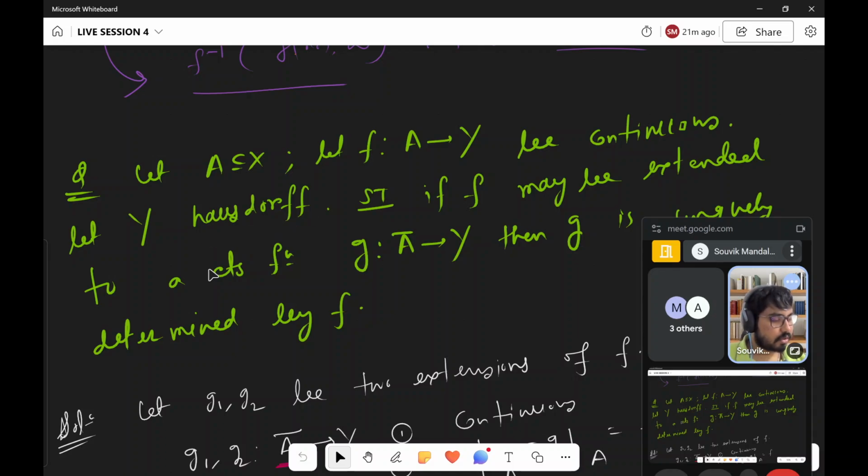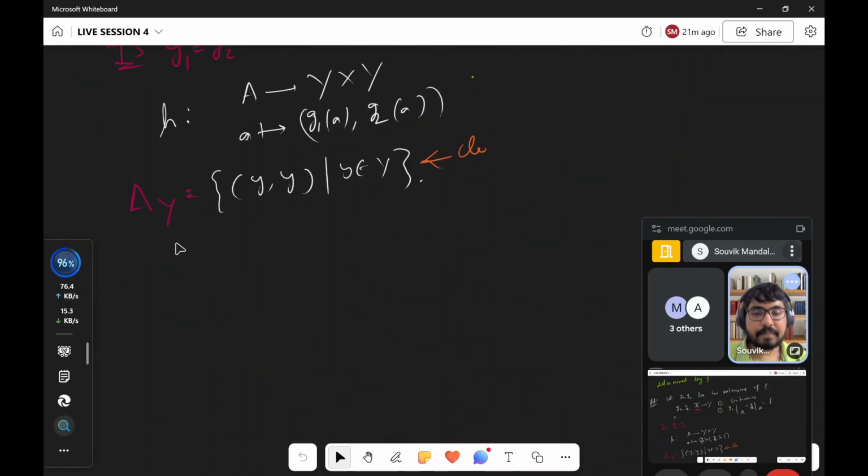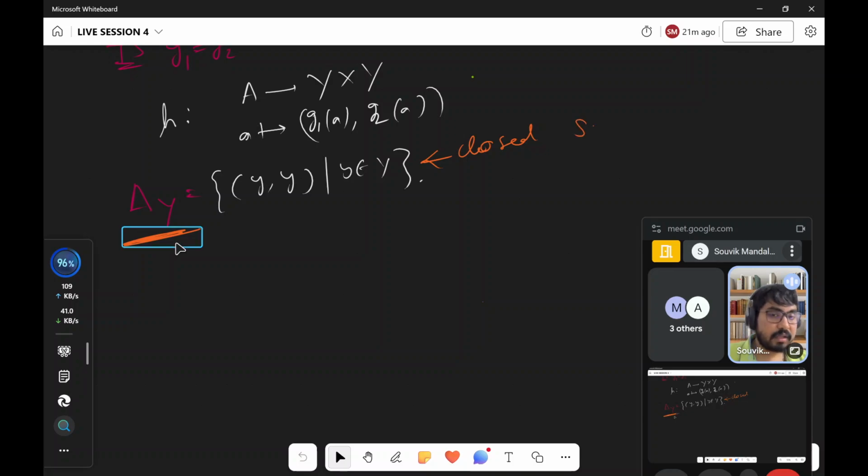So this diagonal will be closed, since Y is Hausdorff. It is a fact we have seen in the previous class: if Y is Hausdorff, the diagonal is always closed.